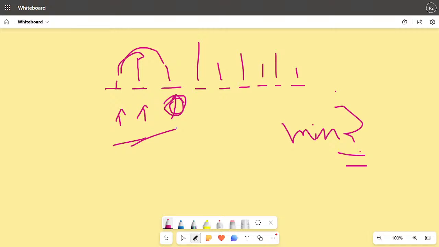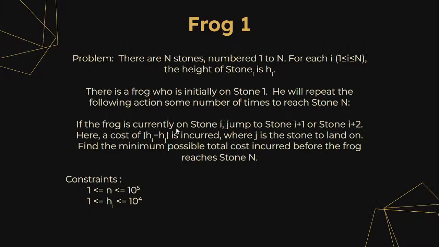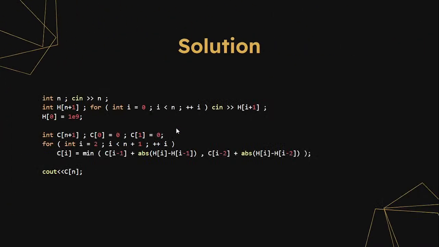Let's look at the code for this problem. The code is straightforward. We will take input n and the heights of all the stones. What I have done is I have created an extra index of height 1e9 before stone 1, so that I don't have to write much if else.